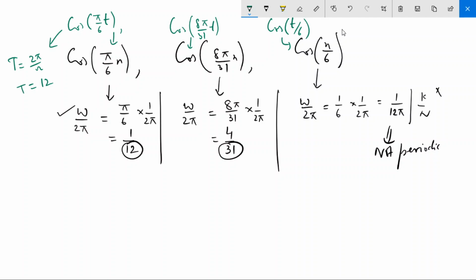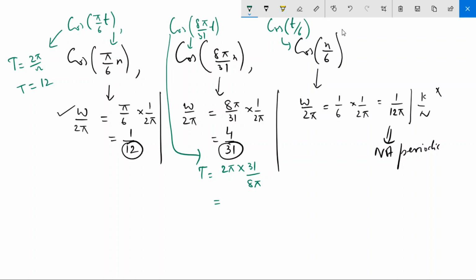Time period for the second signal will be T equals 2 pi by omega. Omega is 8 pi by 31, so it will become 31 upon 8 pi into 2 pi. So what is the time period?